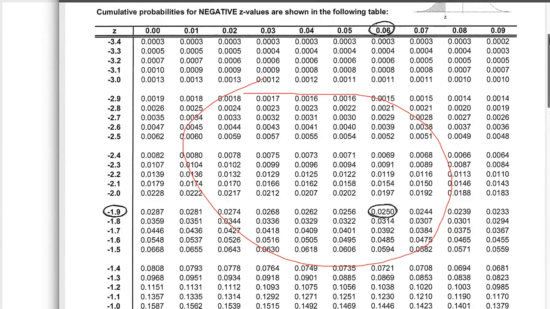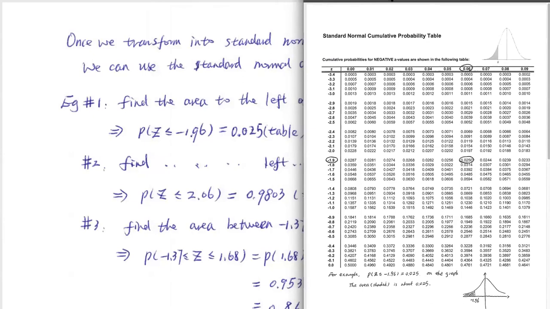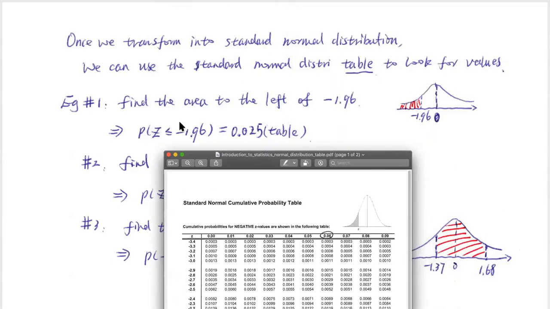Number 2, you may wonder, well, this probability corresponds to what? What's the corresponding match? That's one of the key parts we want to understand. Everybody, we can use this example here. We want to find out the area to the left of negative 1.96.